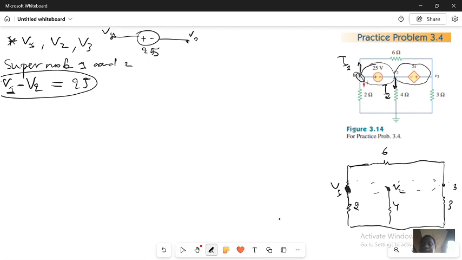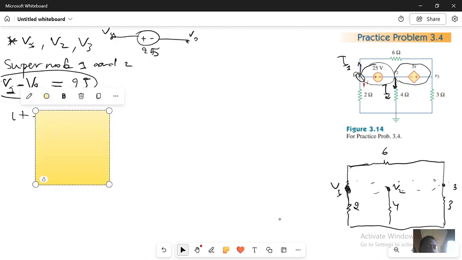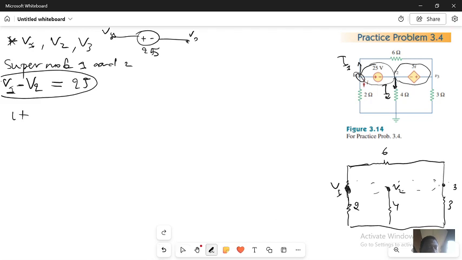So now in this node, what are the currents entering? This current is leaving, this current is leaving, this current is leaving. In this supernode 1 and 2, it means that all the currents are leaving. It means that I will have I plus I1 plus I2 equal to 0.